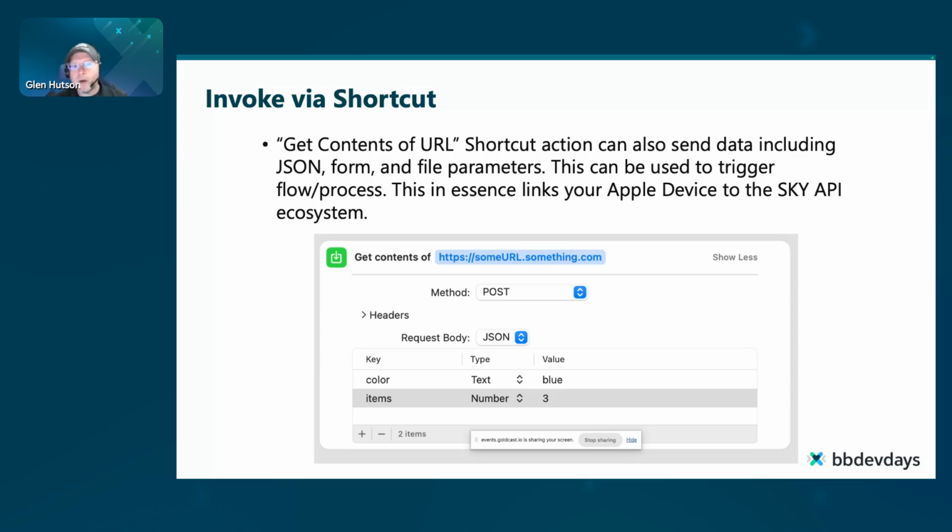And if you're familiar with the way you can call shortcuts and call APIs and stuff like that, oftentimes those may include passing along information, maybe in the form of a JSON or what have you. You actually have the ability to do this directly from an action within a shortcut.